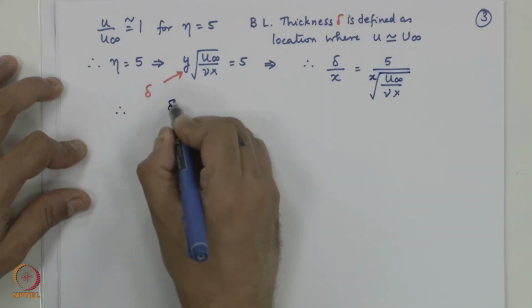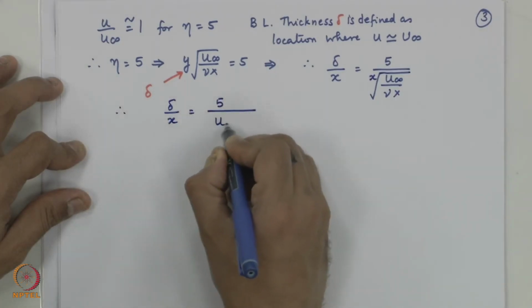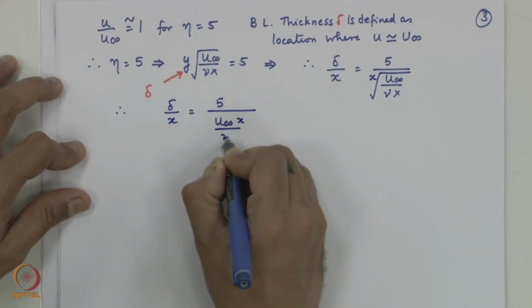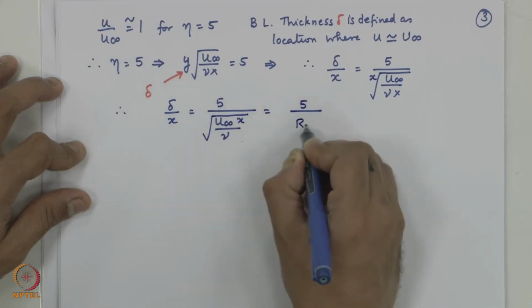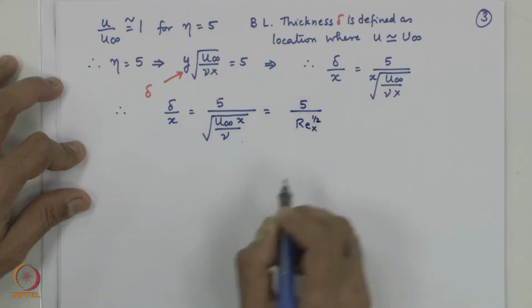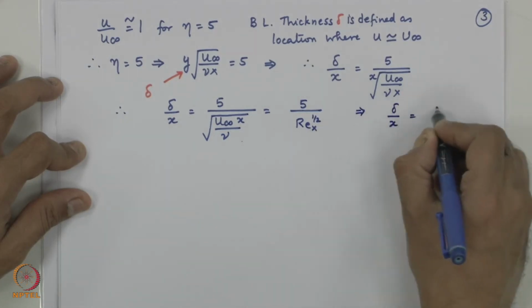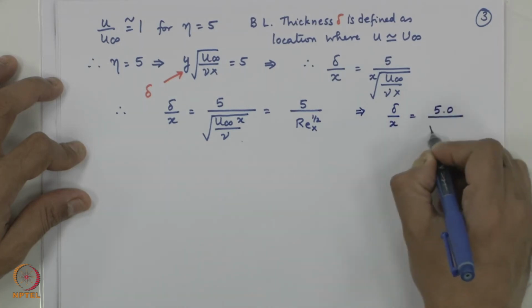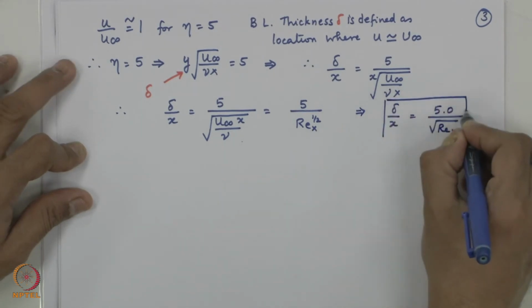Therefore, delta over x is equal to 5 divided by the root of u infinity x by nu. This is 5 divided by Re to the power half. Therefore, delta by x is equal to 5 divided by square root of Reynolds number.